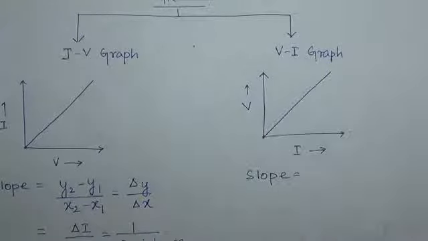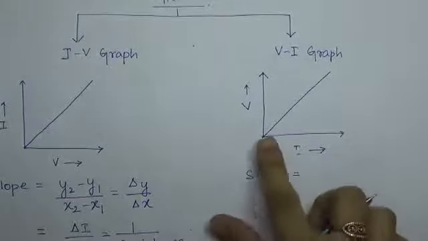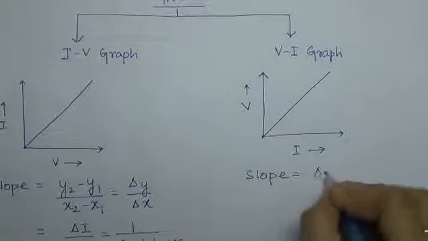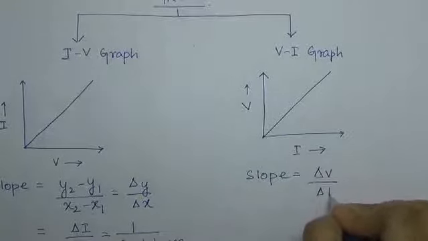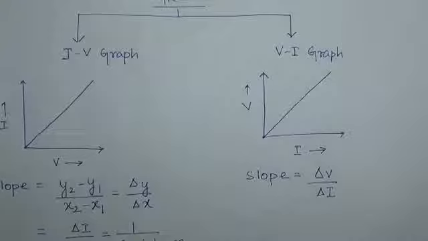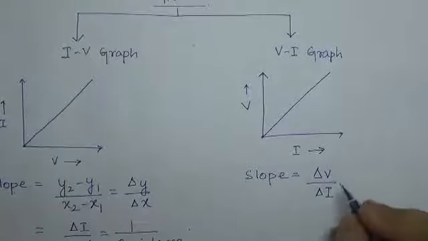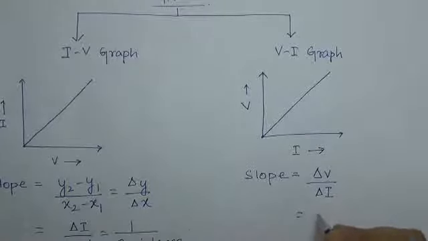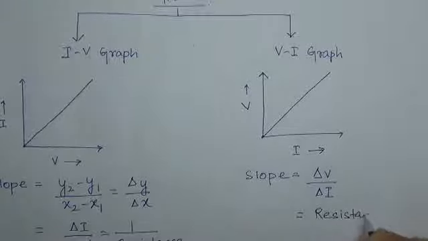So let us see the slope for this graph. It will be del y by del x. In the y-axis we have potential difference, so del V, and in the x-axis current, del I. Del V by del I. So here you see the slope is giving you the value of resistance directly.